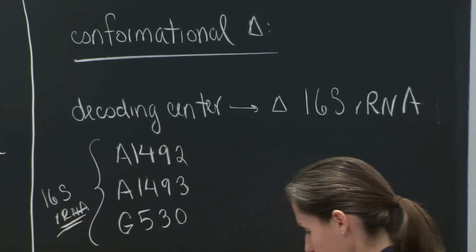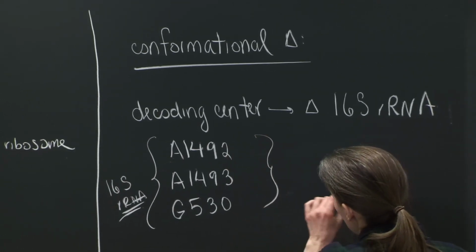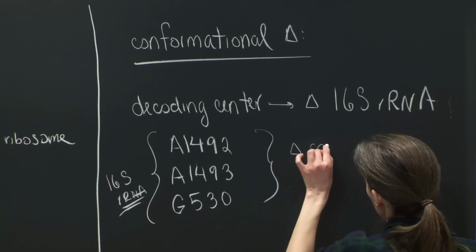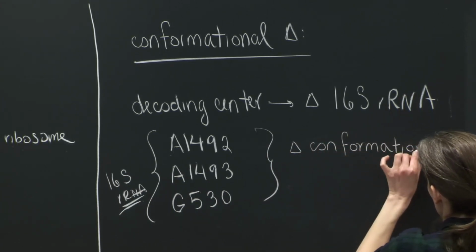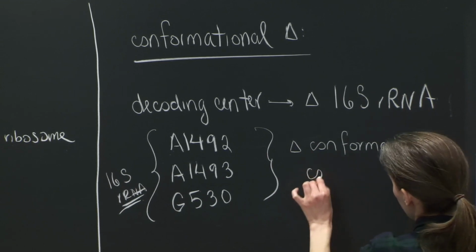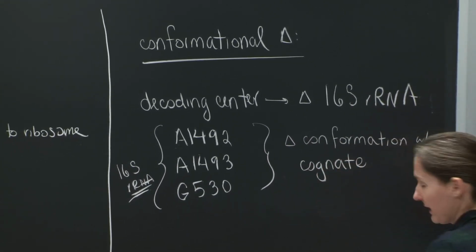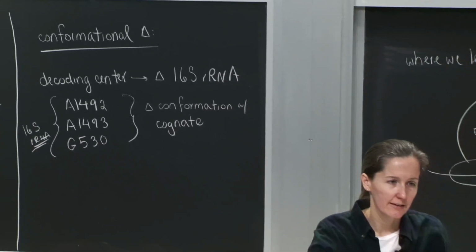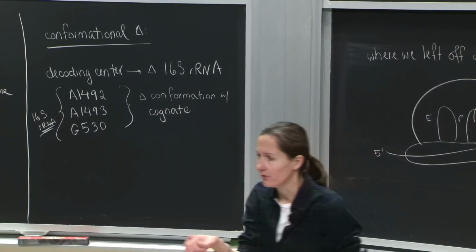What we find is that these bases effectively change conformation with a cognate match, and they effectively flip and interact with that cognate anticodon to help stabilize the codon-anticodon interaction.